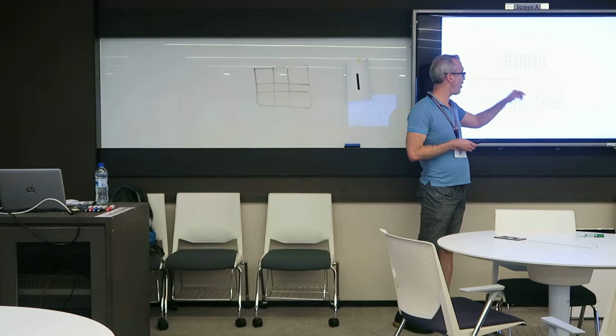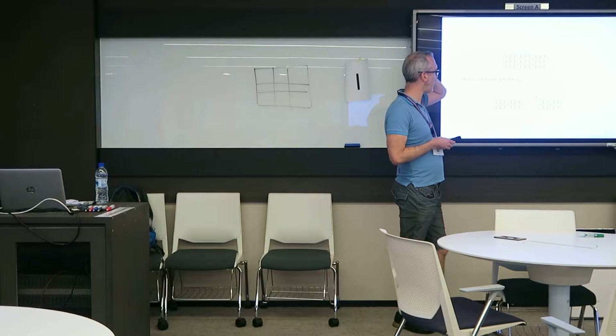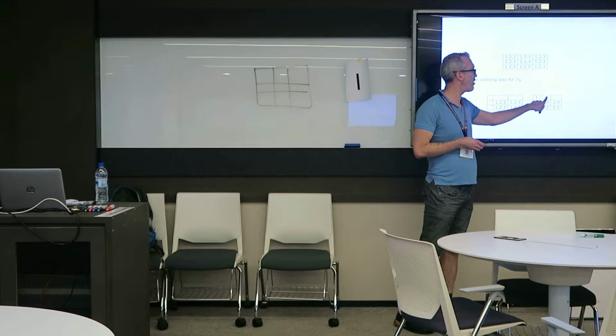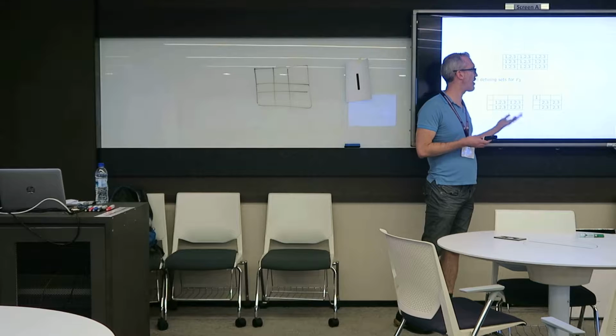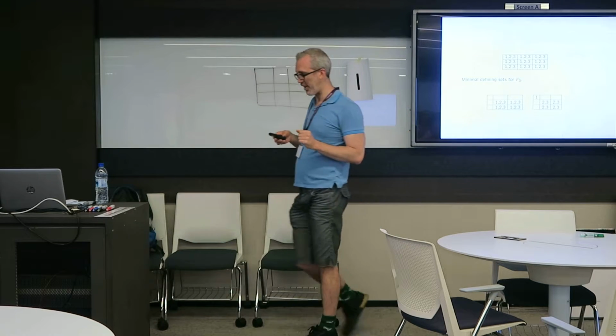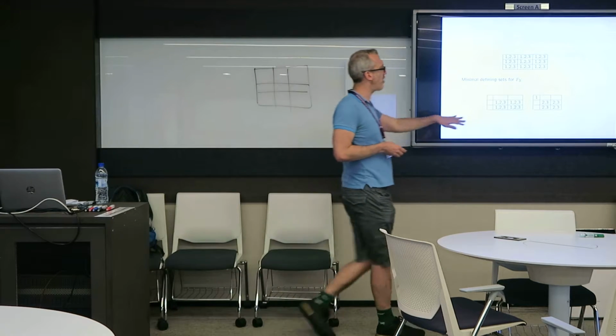Sudoku type puzzle. You can prove that you have to have at least 1 in each of these cells, so you have to have exactly 1 because there are 3 ones and so on. So both of these are minimal defining sets. And this is kind of the smallest one we know of in general. We can generalize that one there.